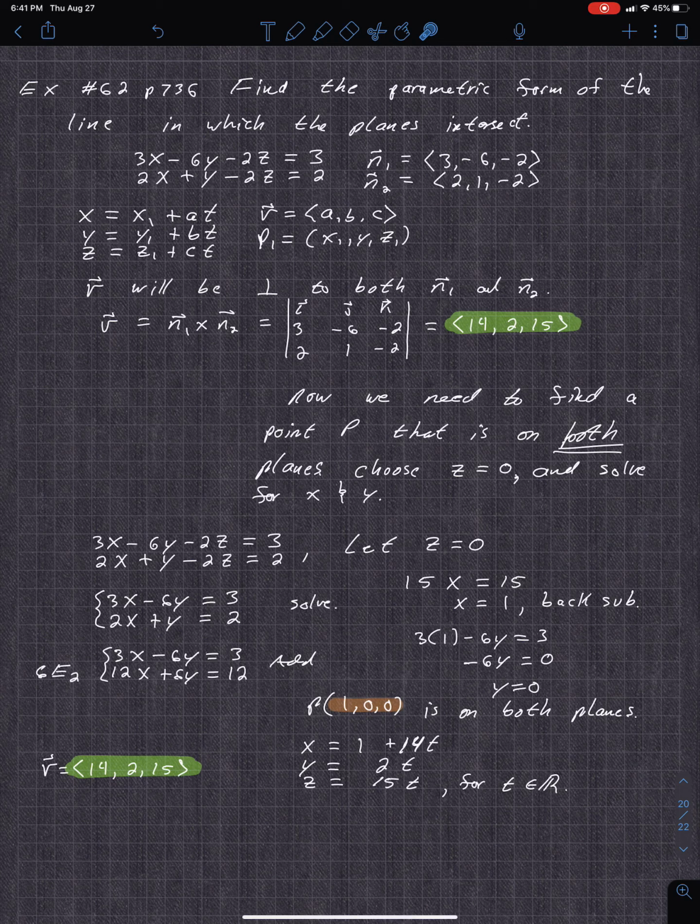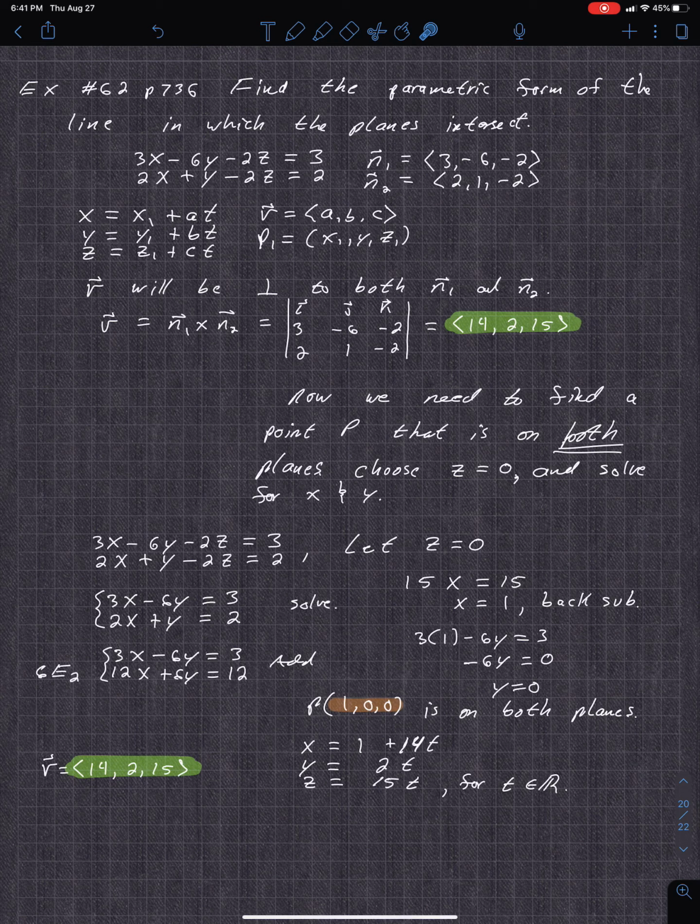Now we need to find a point P that is on both planes. What you do is set one variable to be 0 and solve for the others. This is essentially solving a system of equations. Since the planes are not parallel, you can set one variable to be 0, which smashes it into a coordinate plane, and you can figure out a point that's in both.